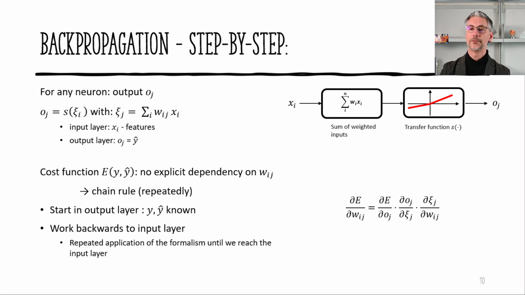If we use then the formalism for the network, the formula for O_j equals S of X_i, right? And we can see there's a dependency of the cost function on the output node, because we are in the outermost layer where we know the true value and the prediction. And we need to work our way towards the weight by applying the chain rule. And this is what's shown on the bottom right.